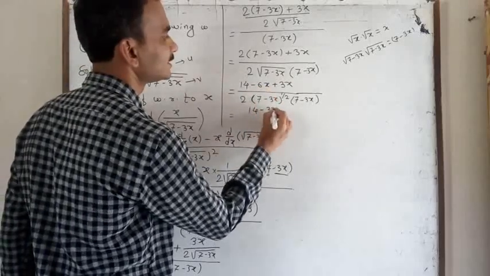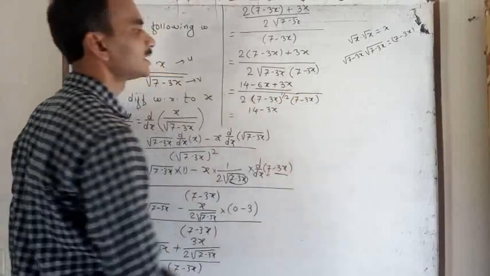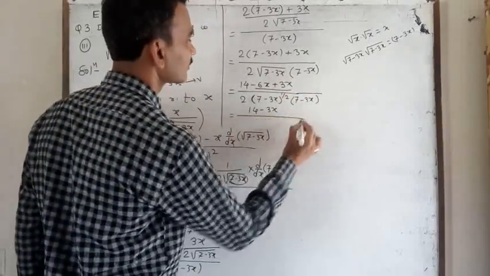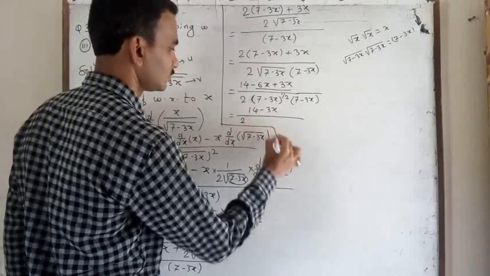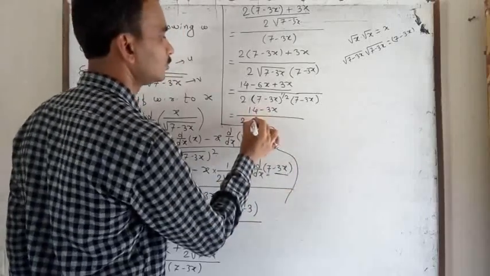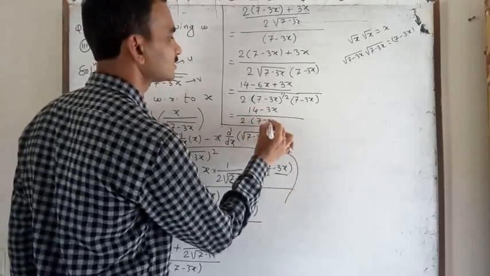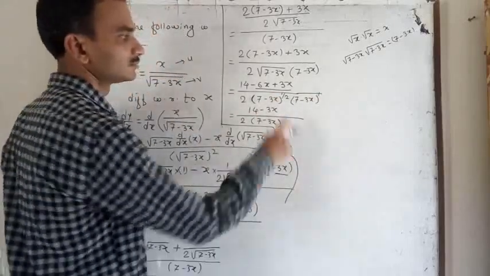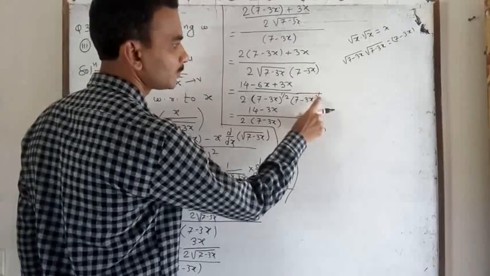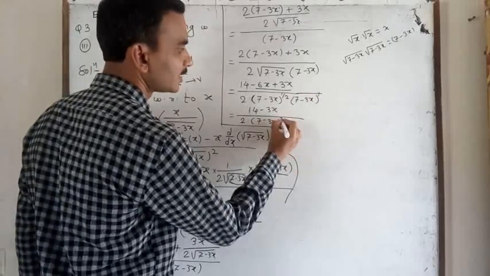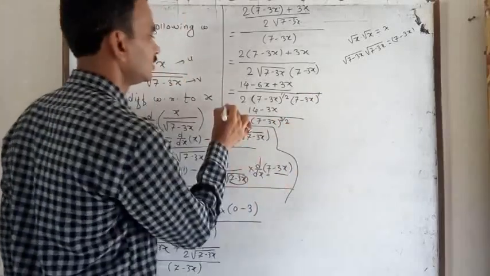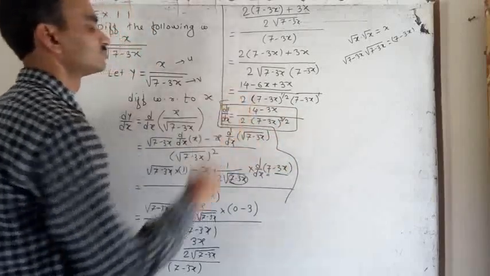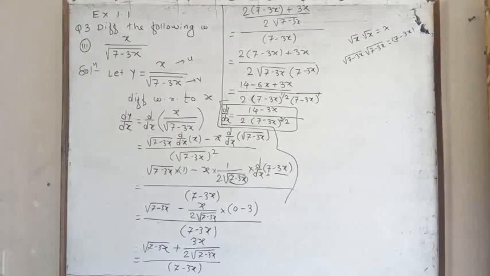Minus 6x plus 3x means minus 3x, and 2 into 7 minus 3x raised to the power 1 by 2 plus 1. 1 by 2 plus 1 means 3 by 2 here. Therefore, this is our answer, dy by dx. Note it down.